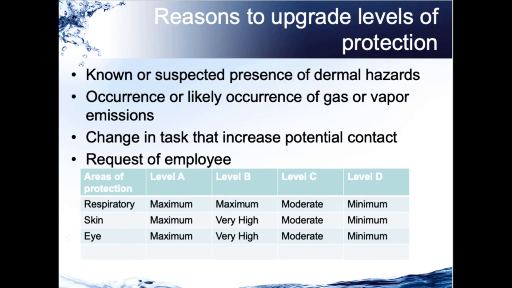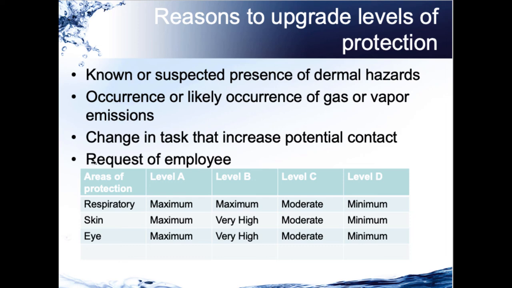And so some ways we do that is we figure out what's in the environment, and we make sure that all dermal hazards have been addressed. And then we check the likeliness of the occurrence of that gas or vapor emissions and measure to be sure that it's below whatever standard, whatever occupational exposure limit we are following. We have to follow by law in the United States, of course, OSHA's permissible exposure limits.